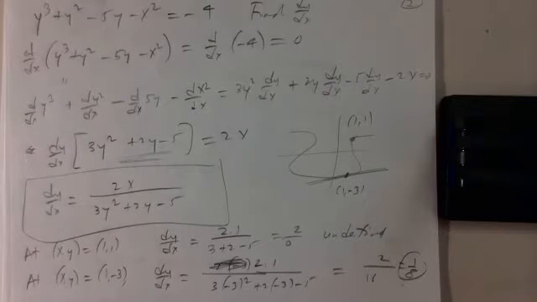This we have not seen before. And if you're lucky in your computer lab, you will be able to take a curve defined implicitly by an equation and get Maple or whatever program you're using to graph it and draw the tangent line on it so you can see how pretty this all looks.